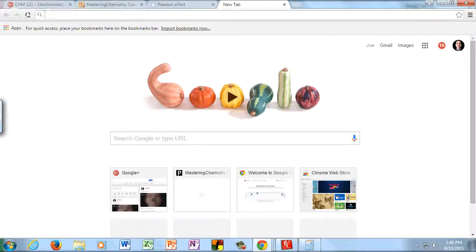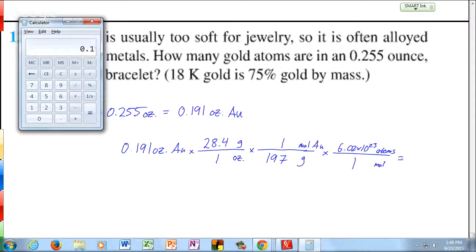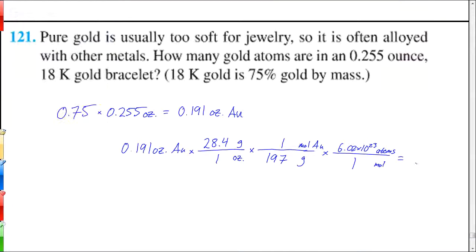So we solve that out: 0.191 times 28.4 divided by 197 times 6.02. So that's 0.166 times 10 to the 23rd, or 1.66 times 10 to the 22.